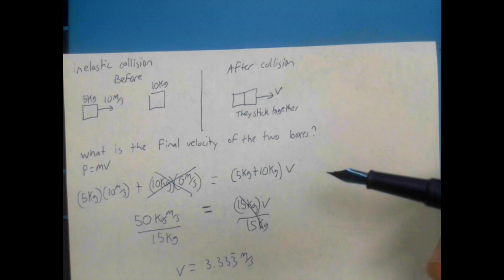Actually, there's a nice video. Let me see if I can find it. The Action Lab YouTube channel took a bag of sand, raised it up, and dropped it. And the bag of sand didn't bounce. So that means it is very inelastic.